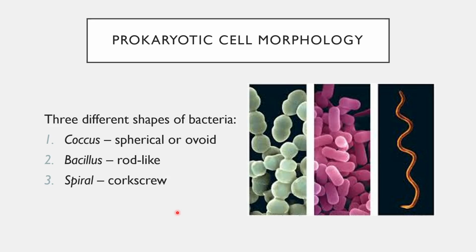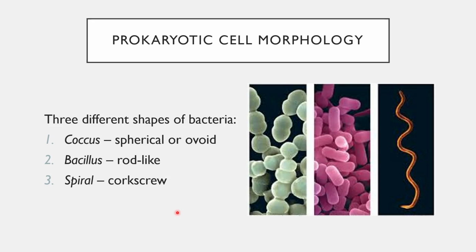Shape and arrangement are both important signifiers of identity for different species of bacteria. Shape is often the first clue as to the species of a bacterium, and so in the following slides, we are going to be taking a look not only at the shapes, but the different arrangements that those shapes can have.